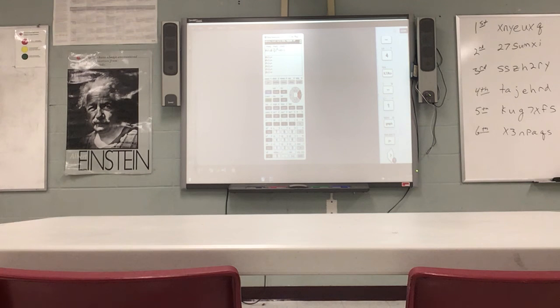Keep moving. Alright, so I need to delete that, and I need to insert squared. Oops, it's still got one too many boxes up there. Delete that one. Graph. There we go.